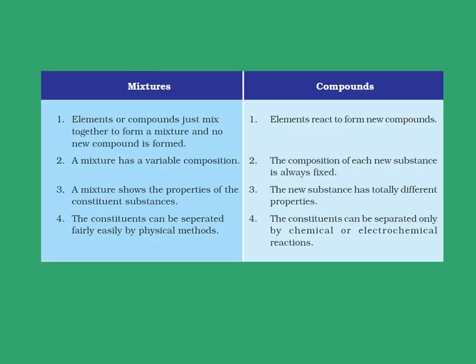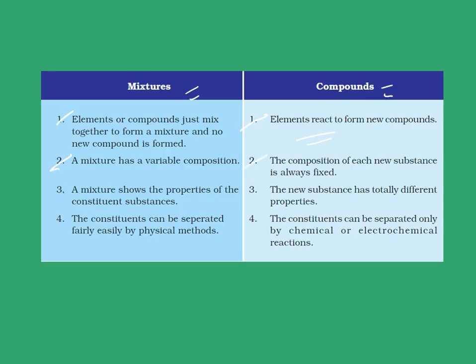This slide summarizes the differences between mixtures and compounds. In mixtures, elements or compounds just mix together and no new compound is formed, whereas in compounds, elements react to form new compounds. A mixture has a variable composition, whereas in compounds, the composition of each new substance is always fixed.